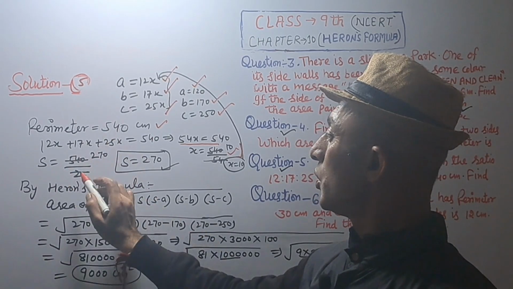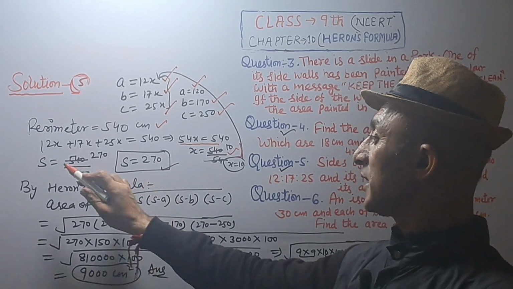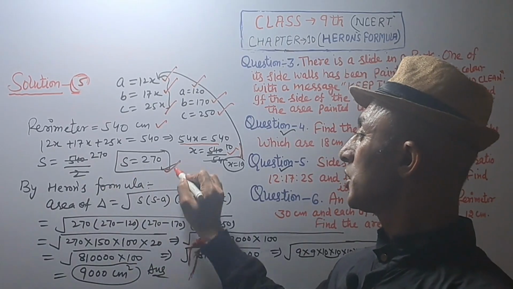Perimeter is equal to 540. S is equal to semi perimeter equal to 540 upon 2, that is 270.